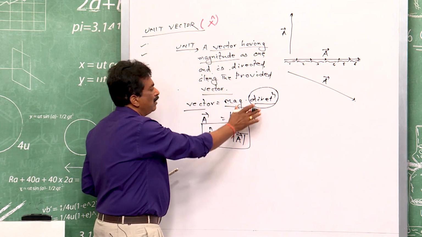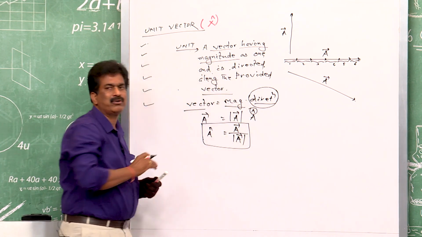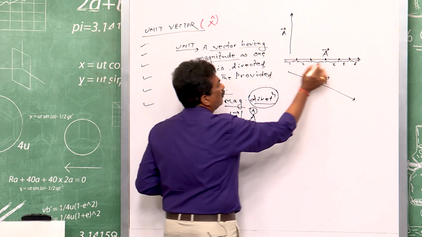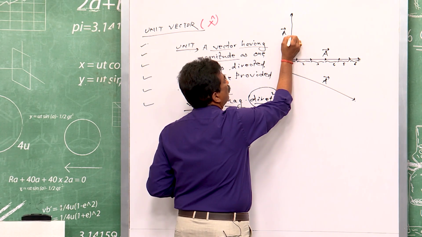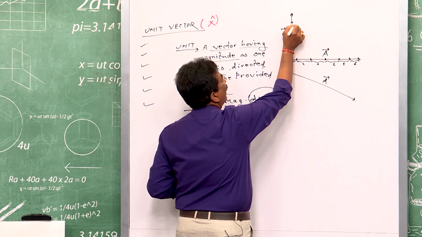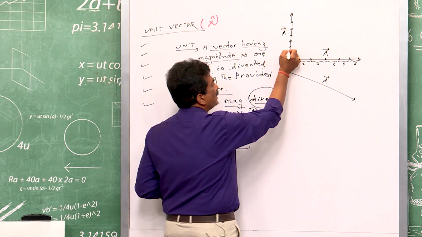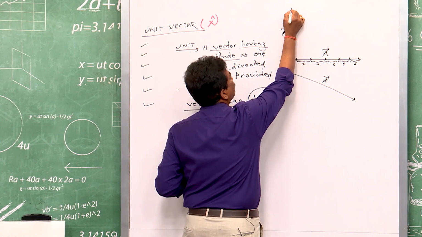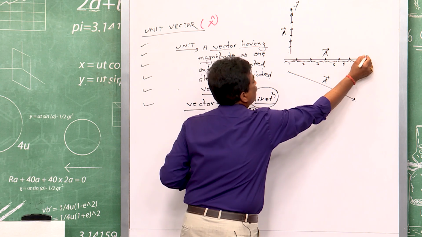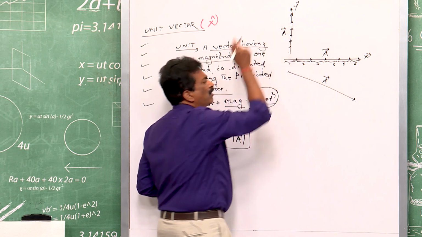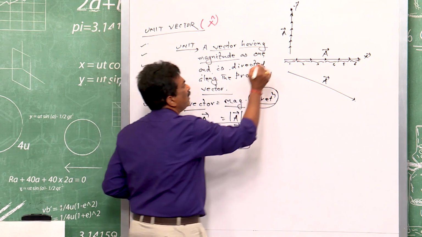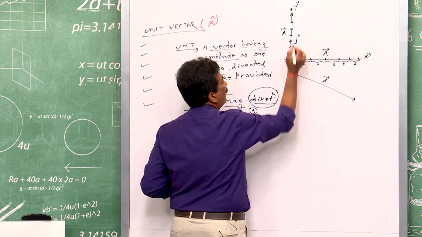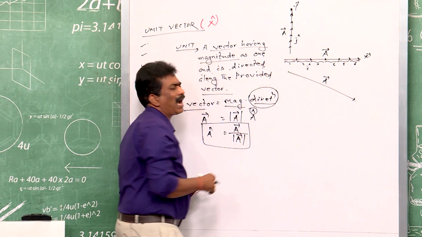So, this is the fundamental definition of the unit vector. Suppose this is the y axis and this is the x axis. Along the y axis, the unit vector we take is j cap, and along the x axis it is i cap.